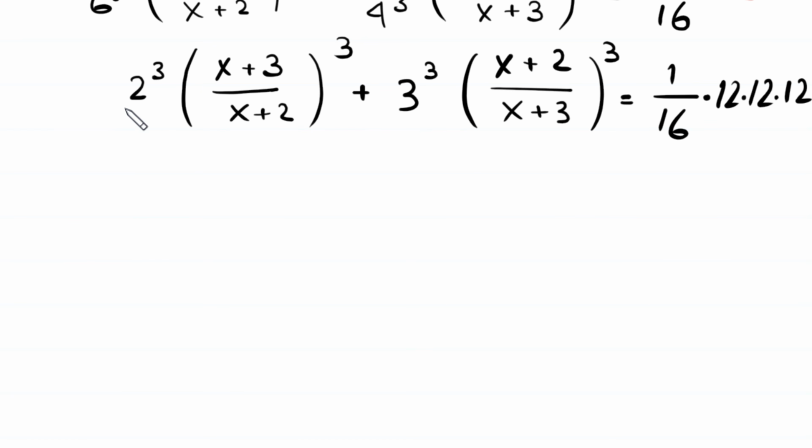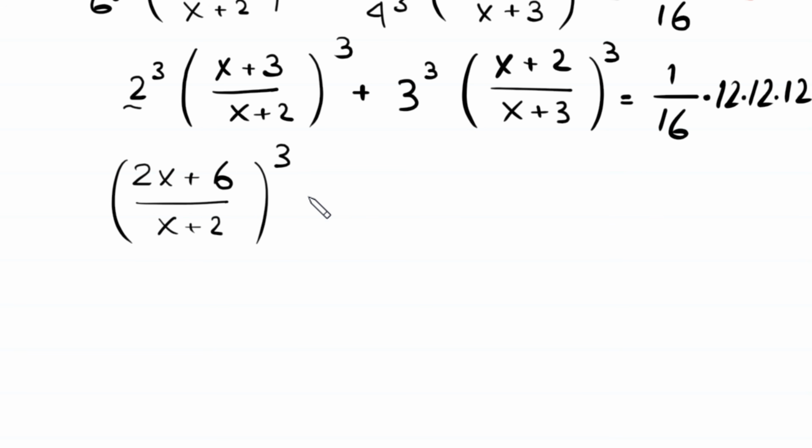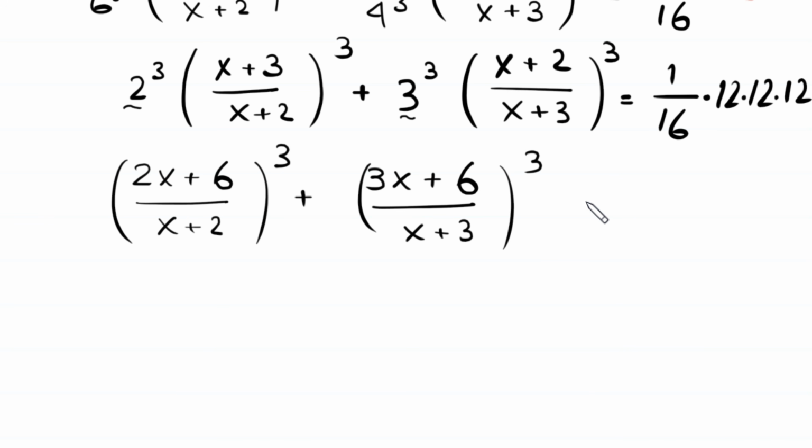Now we multiply this 2 by this numerator, so this will become (2x+6)/(x+2) whole cubed, plus we multiply this 3 by this numerator, so this will become (3x+6)/(x+3) whole cubed.